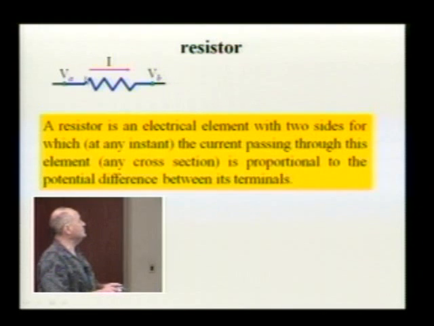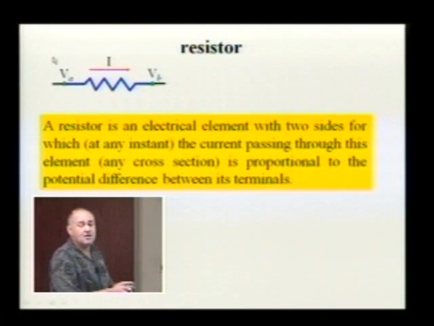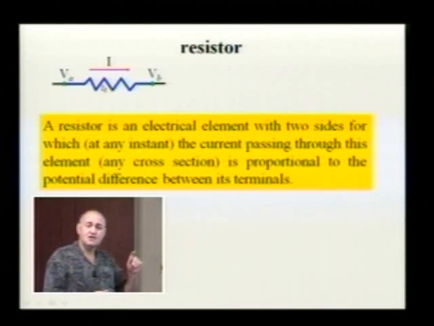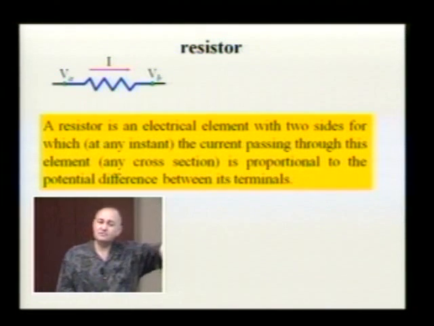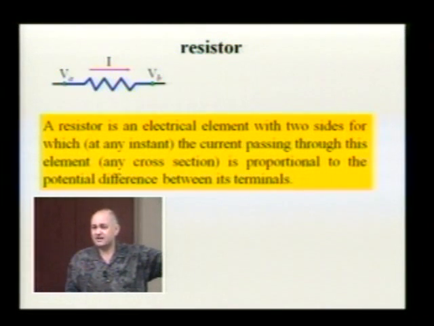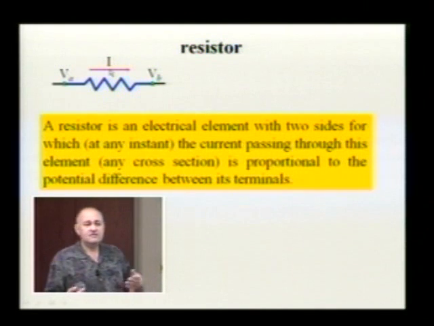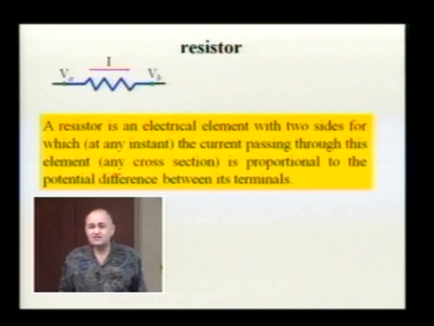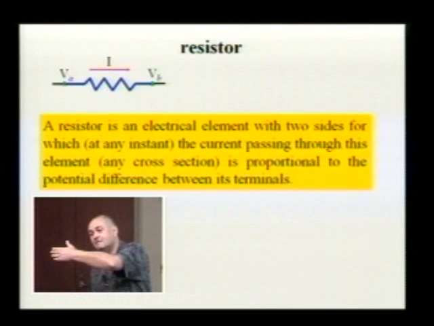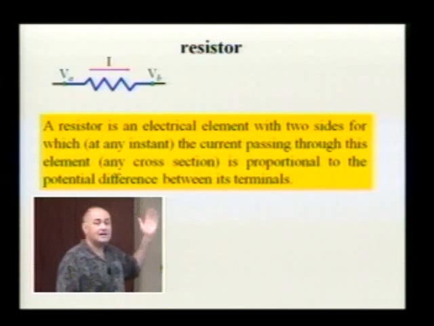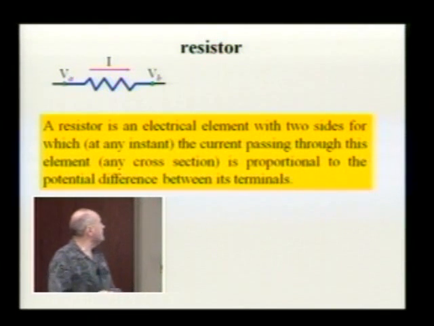So let's say that I'm considering current to the right, which means that I imagine a cross section across the resistor, and I calculate charge moving from the left to the right, no matter if it is positive or negative. If it is positive, then the value of the current is going to be positive. If this charge is negative, so conventional current flows the other way, then the value will be negative.